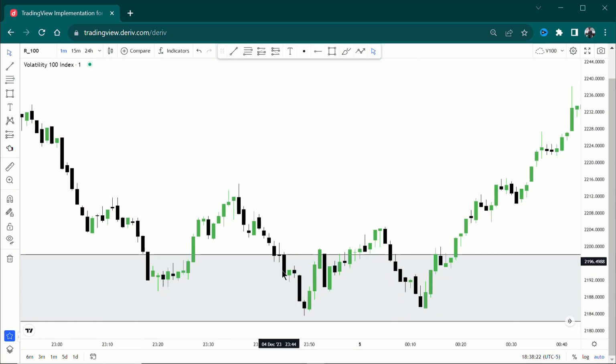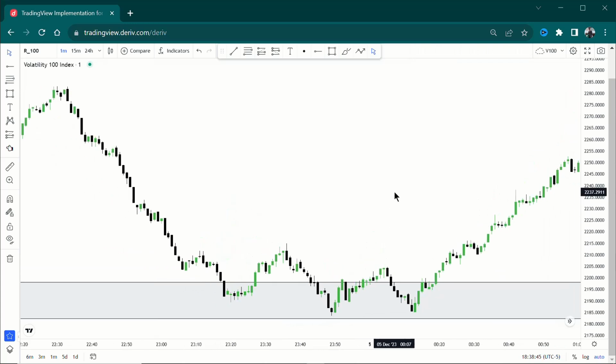Let me show you what's happening. There's already this change of character right here, but here I don't see any point of interest. This has already been touched here. This candle right here was going to be your point of interest, but it has already been touched, so I wouldn't enter this one.